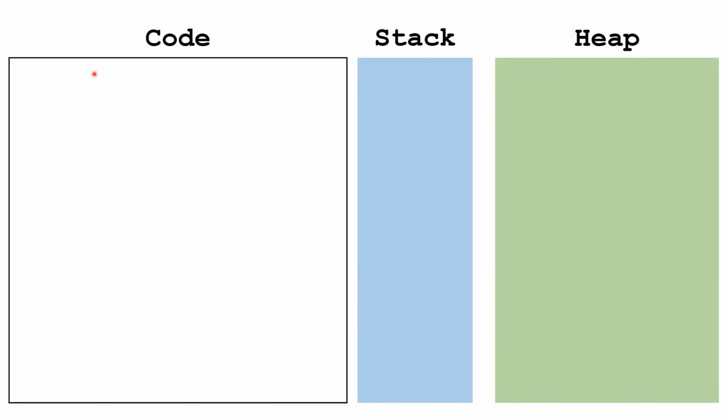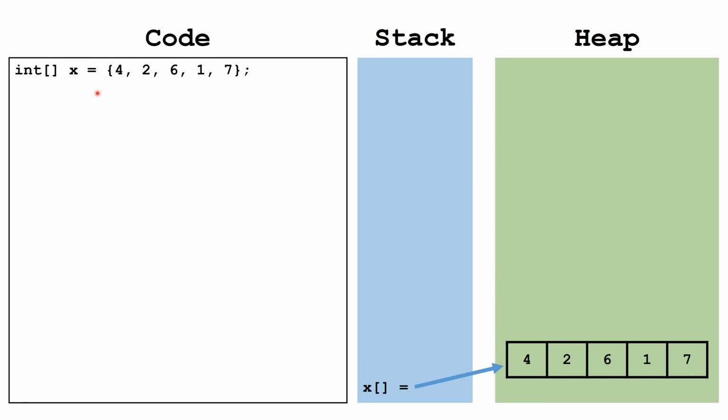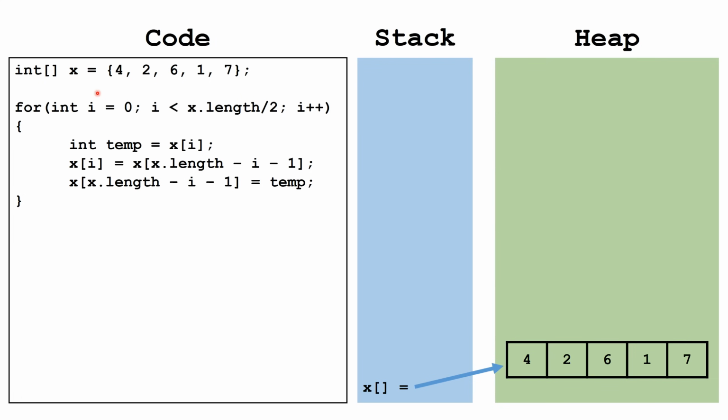Let's write some code. We'll start by declaring a variable x and setting it equal to a new int array of size 5. Next, let's look at the algorithm for swapping. We have a for loop. We start off the counter variable I at 0 because arrays start off with their first index 0.